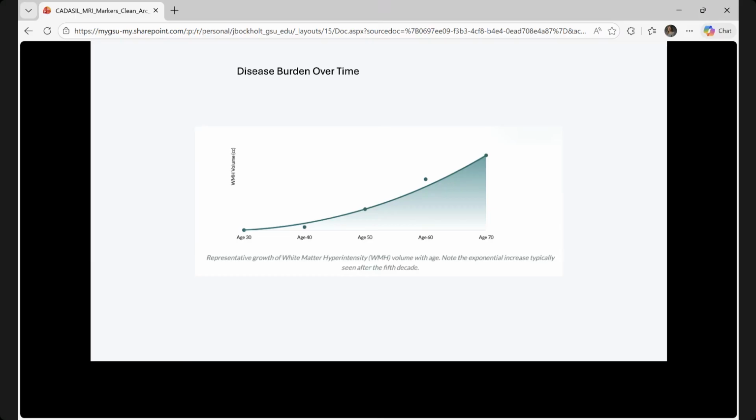In this cartoon example, it shows for various ages the amount of typical white matter burden seen at that age. This starts to increase exponentially in the mid 50s onward. It's slow to get started, but then it definitely increases further and further.